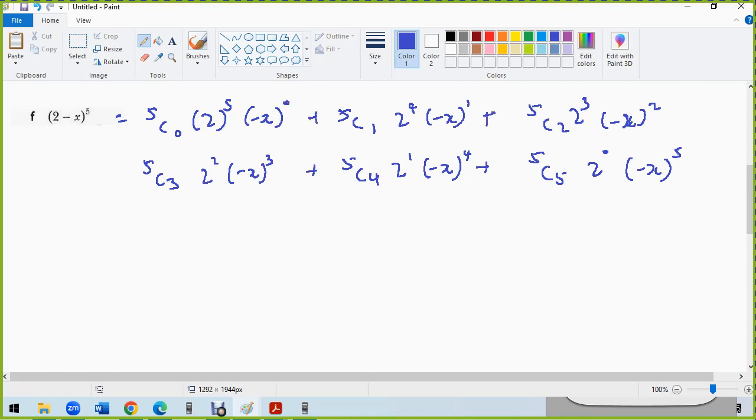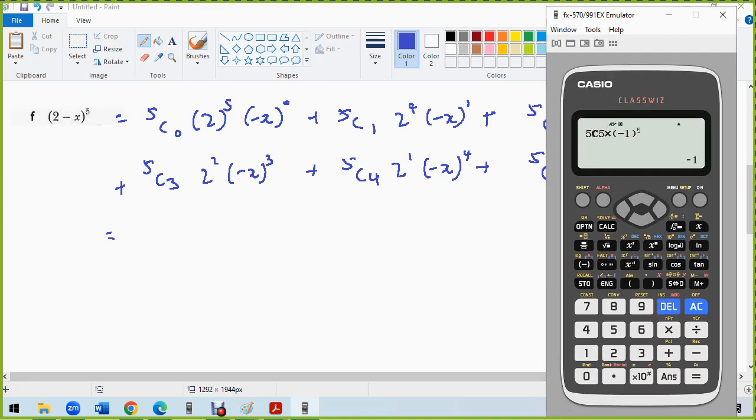Okay, then we have 5C0. So we have the 5Cx multiplied with 2 power 5 minus x, multiplied with negative 1 power x.